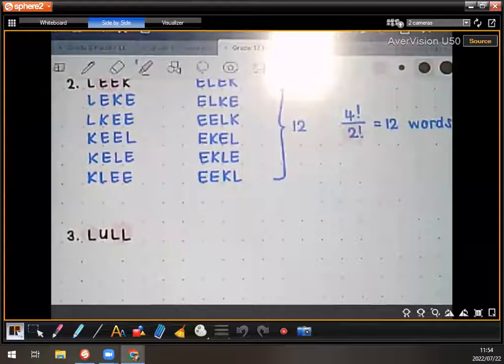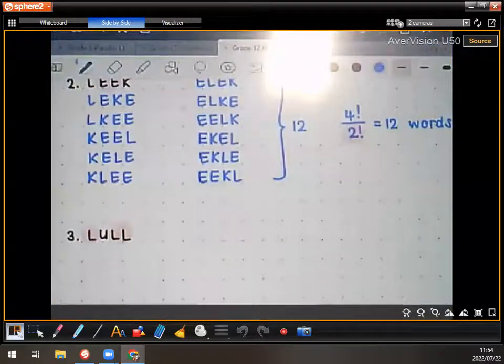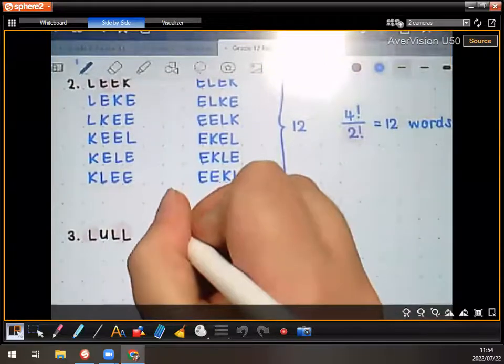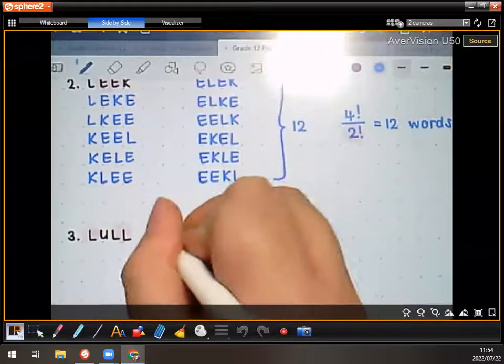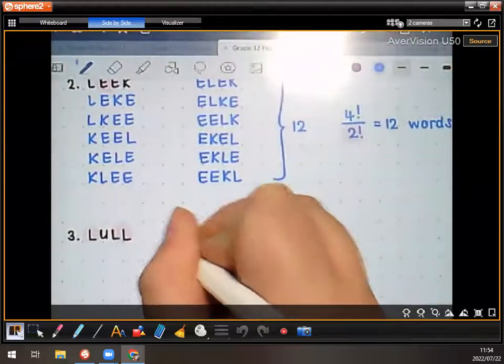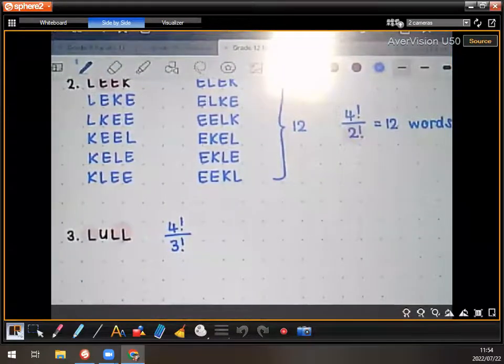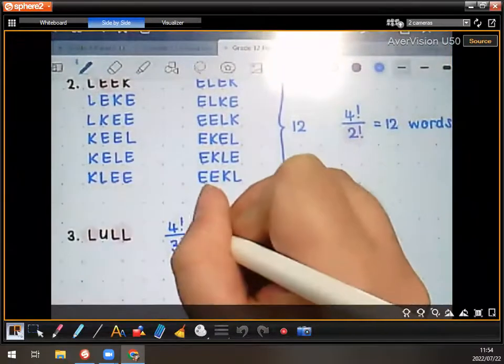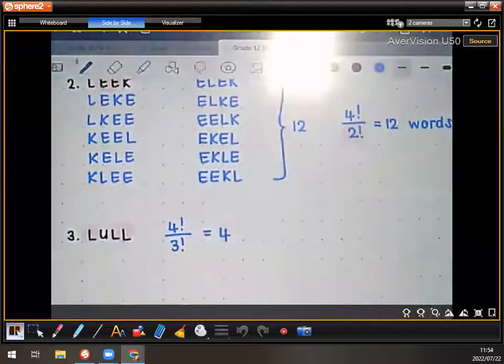So we're going to have many fewer answers here. So how many letters am I starting with? 4. So I'm going to do 4 factorial. How many repeats do I have? 3. So I'm going to divide that by 3 factorial, which gives us an answer of 4.